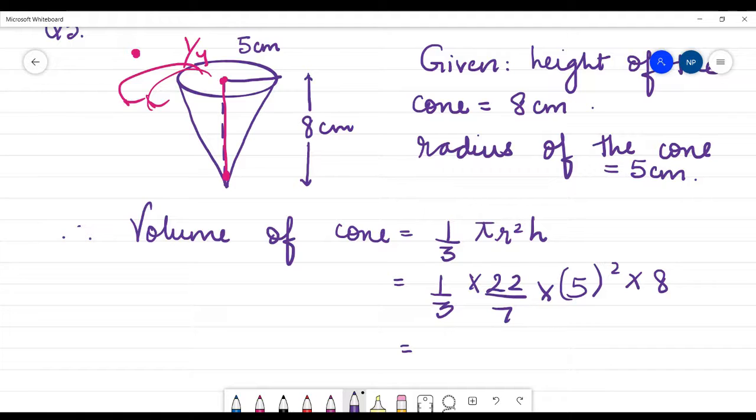That will give you 550 multiplied by 8. You will get 4440 divided by 21. 4440 divided by 21, you will get the answer 209.52 centimeter cube. This much is the volume of the cone.